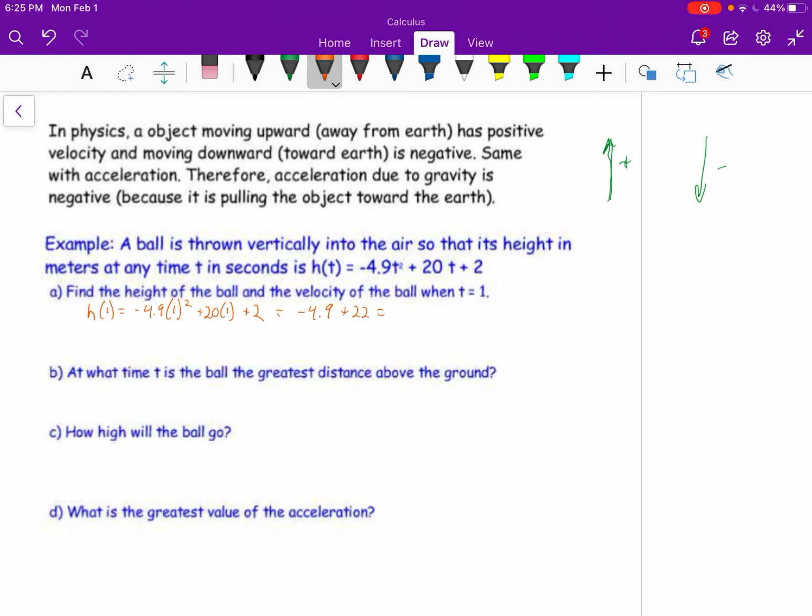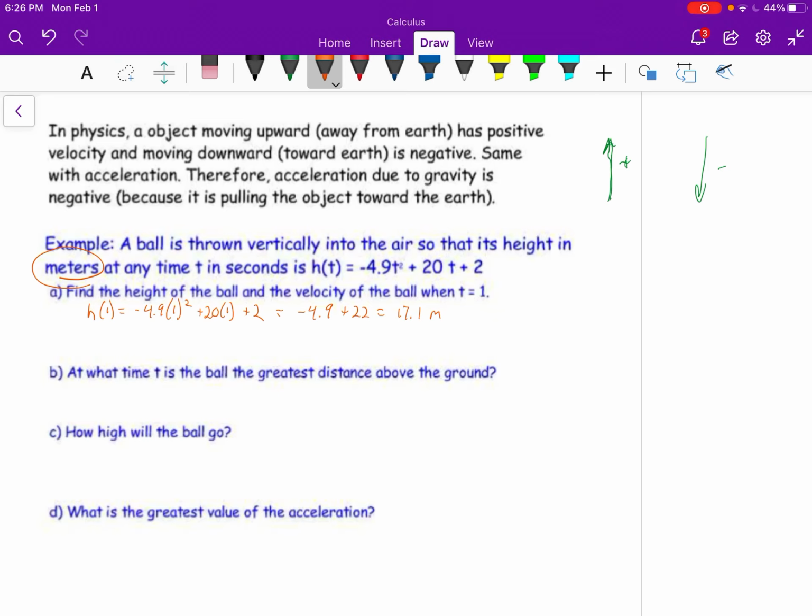So this is going to be 17.1 meters, because it says meters right here.